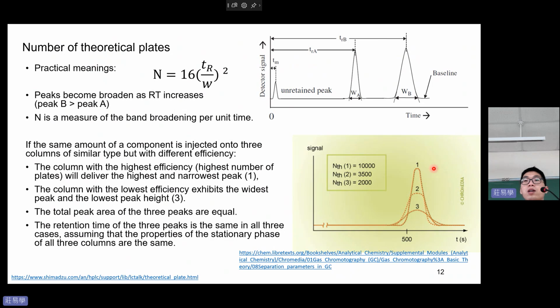So we have column 1, column 2, and column 3. When we inject the same target analytes into these three columns, they generate a chromatogram like this. Based on this result, which one has a higher theoretical plate number?